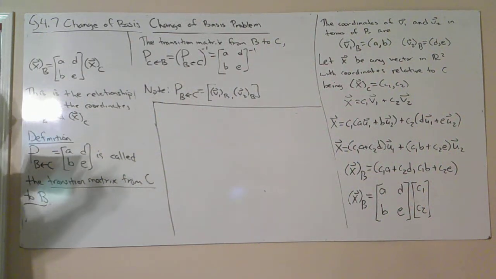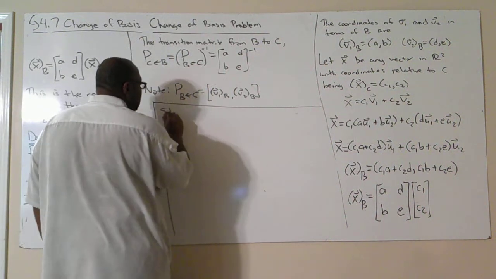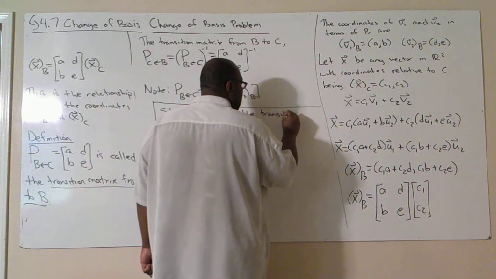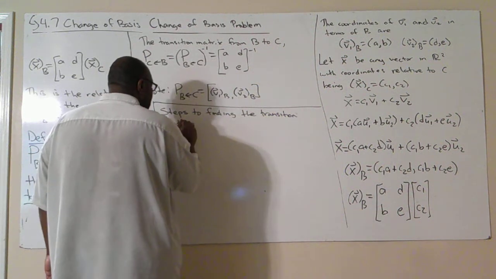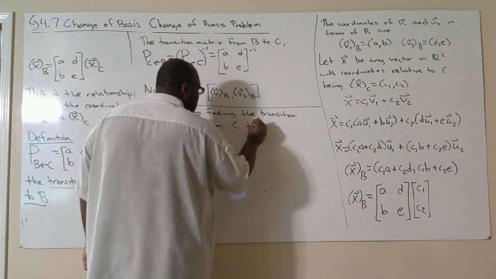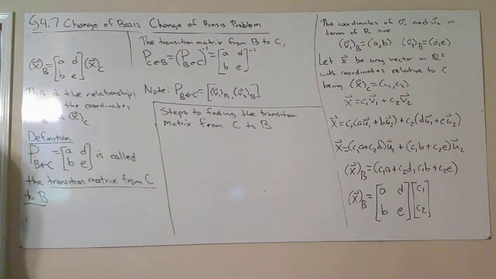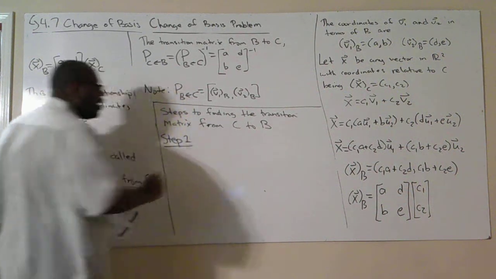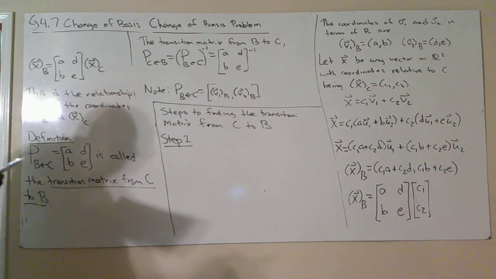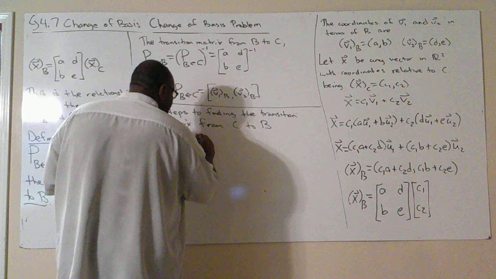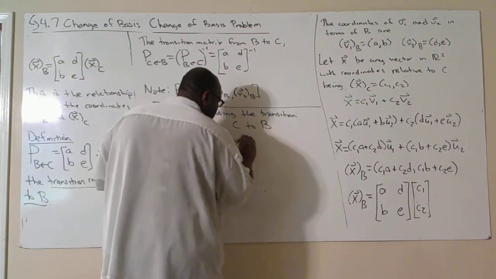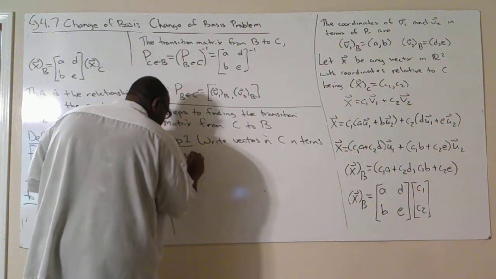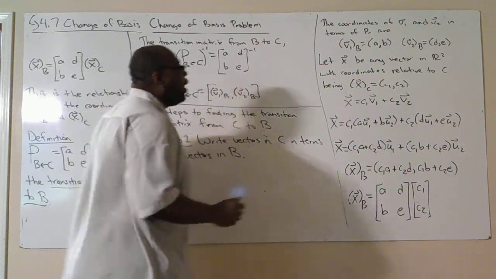All right, so let's write down the steps to finding the transition matrix from C to B. Step one is that we want to write the vectors in C in terms of the vectors in B. And this is what we did right here, right?